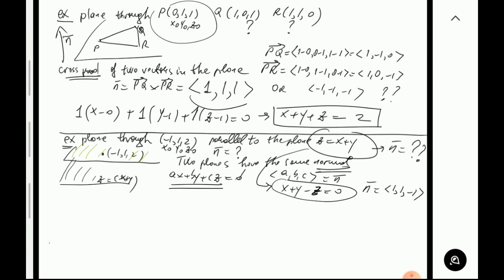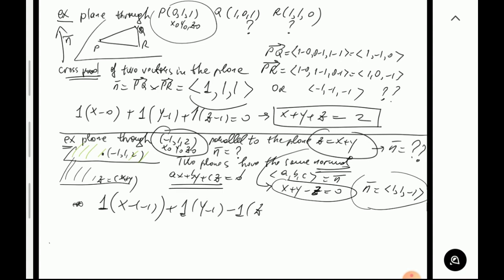And now the problem is simple, right? Using the point given in the problem and the normal that I just produced, we can write the equation of the plane I want, right? So it's going to be the coefficients of the normal: 1 times x minus negative 1 plus 1 times y minus 1 minus 1 times z minus 2 equals 0.